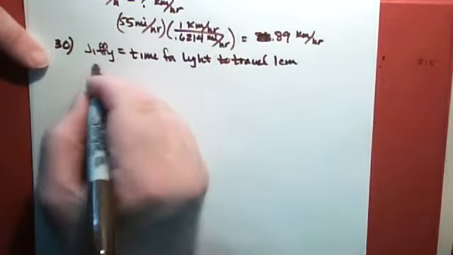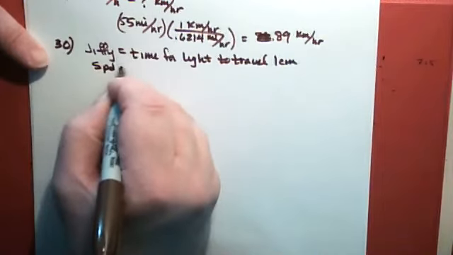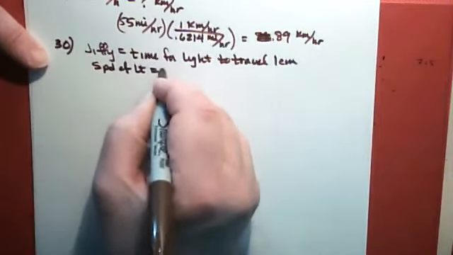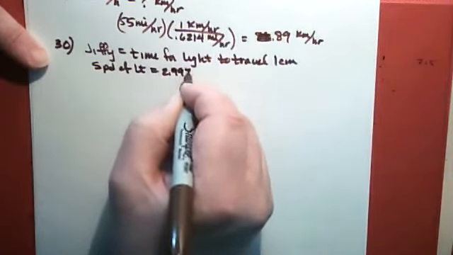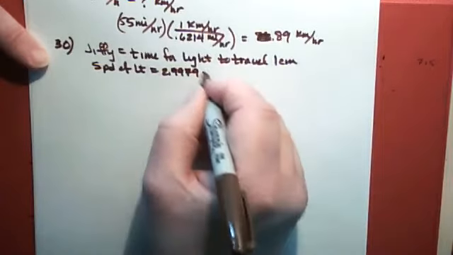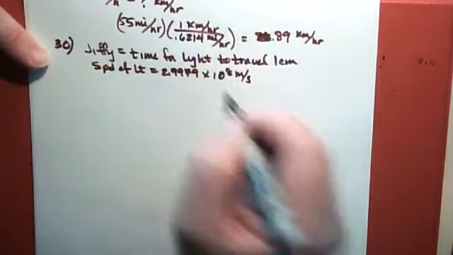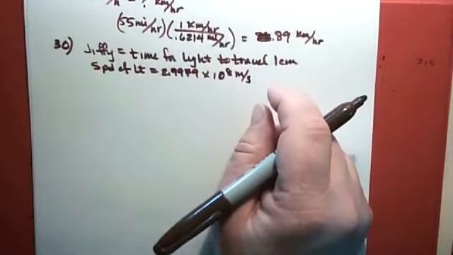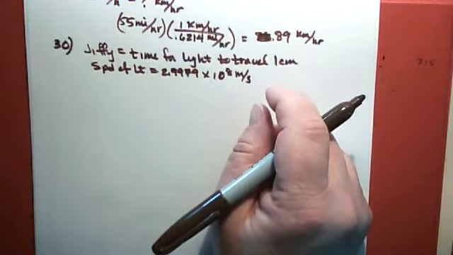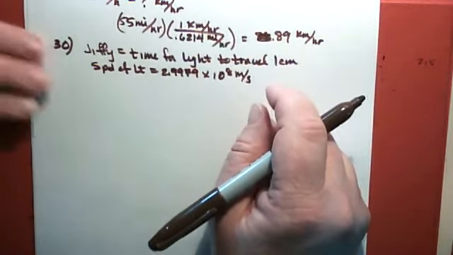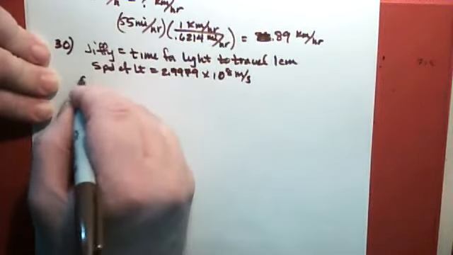And the speed of light is 2.9979 times 10 to the 8th meters per second. And so the question is, how many seconds are in a jiffy?